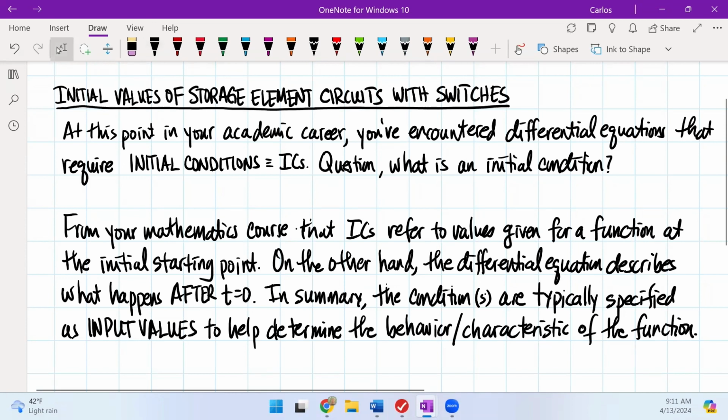Because that initial condition then changes the constants that are the solutions to the differential equation.